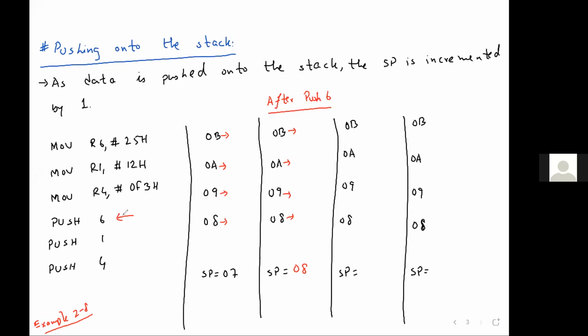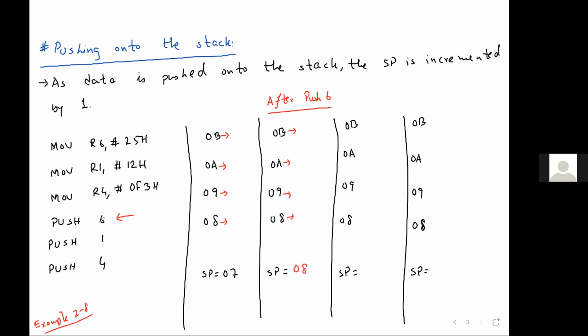When you want to store the content of a register in a stack, that is known as push. And I said that we always push with the specific address. So we are writing push 6. The meaning of this is your address 6 contains a register, definitely. So the content of that register will be pushed onto the stack.